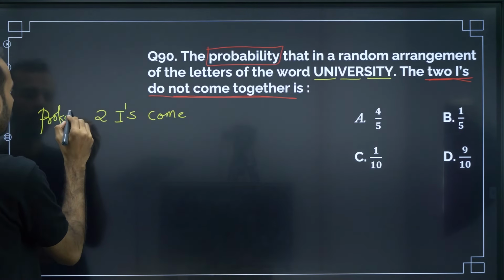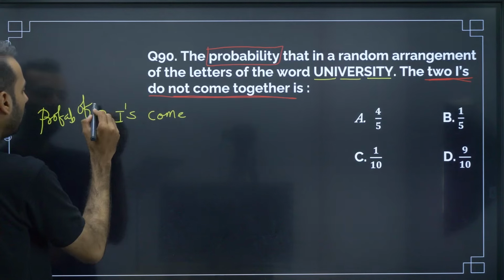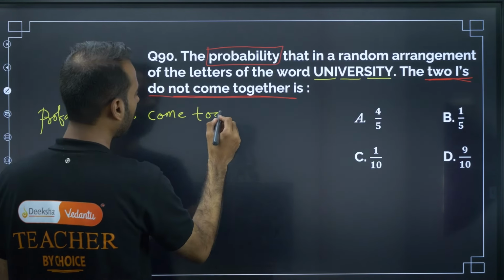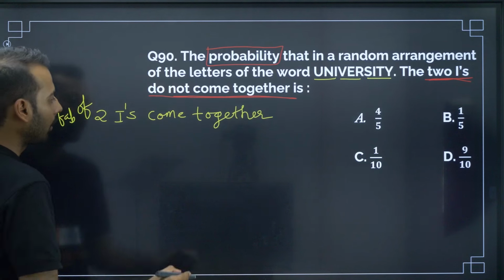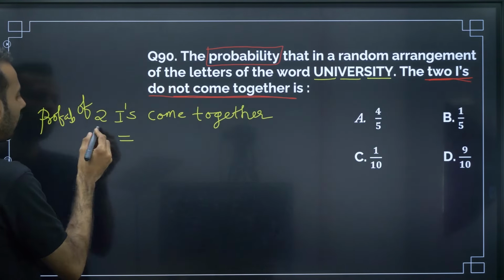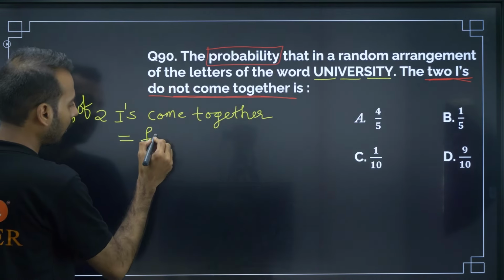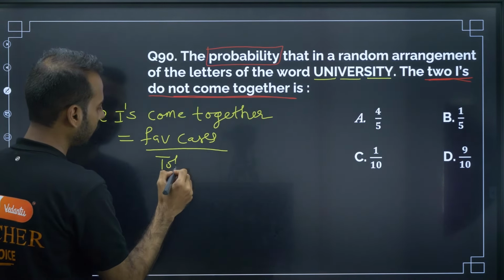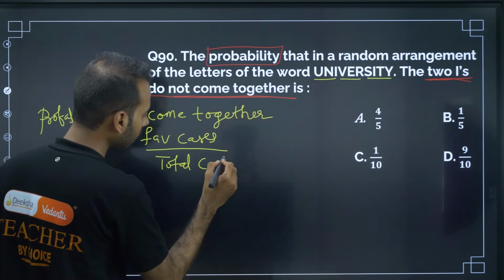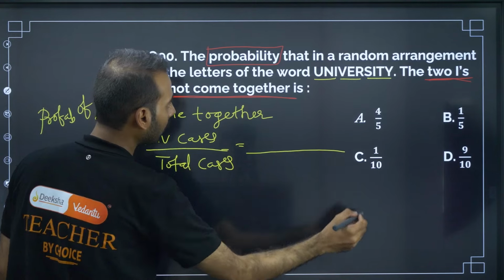Probability of two i's coming together is the favorable cases divided by total cases. How many total cases are there?